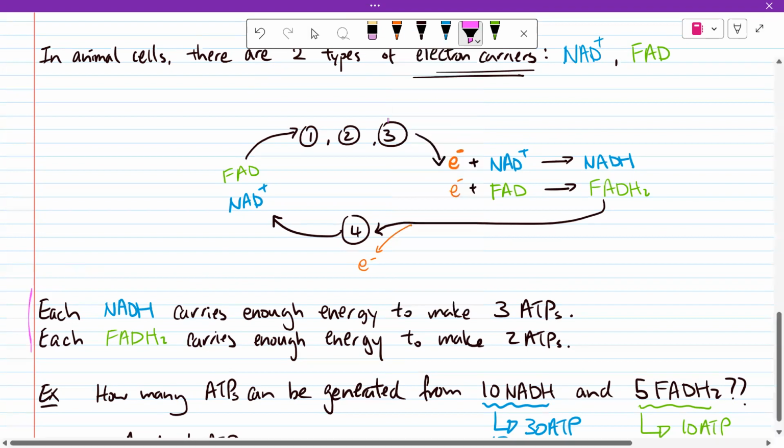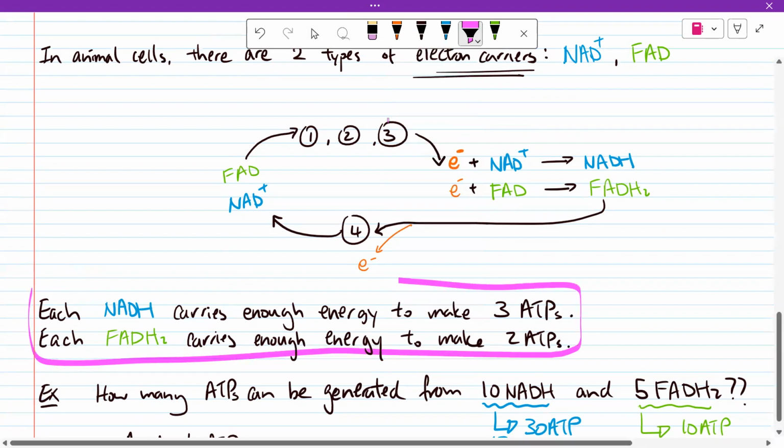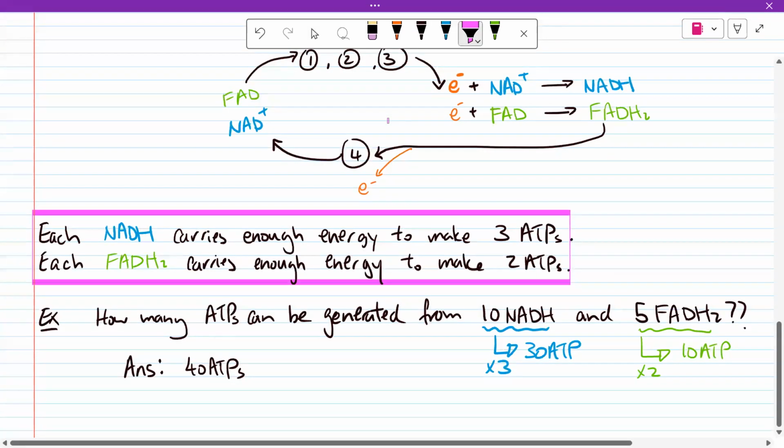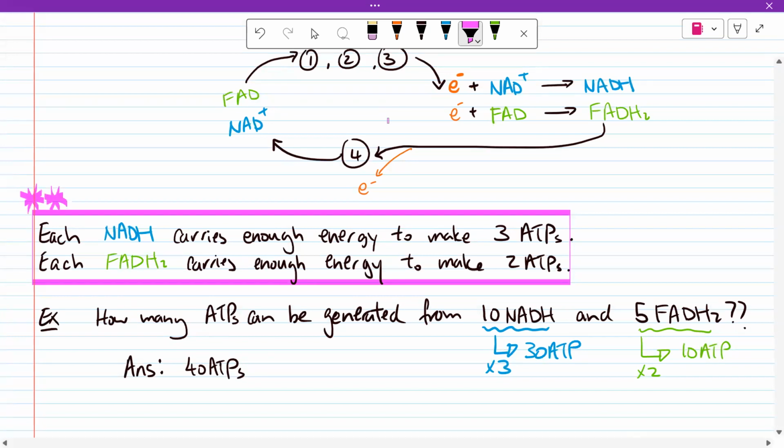Each NADH has enough energy to make 3 ATP. So if I have 10 of them, that's why it's 30, because one of them makes 3, right? I got it. Yeah. As to why it's 3 and why it's 2, like I said, we don't have to worry about it. You just have to trust me on that.